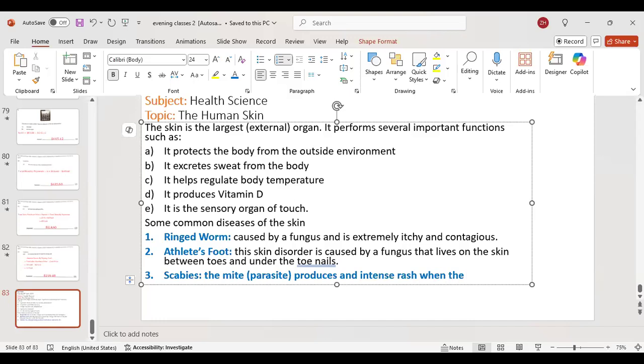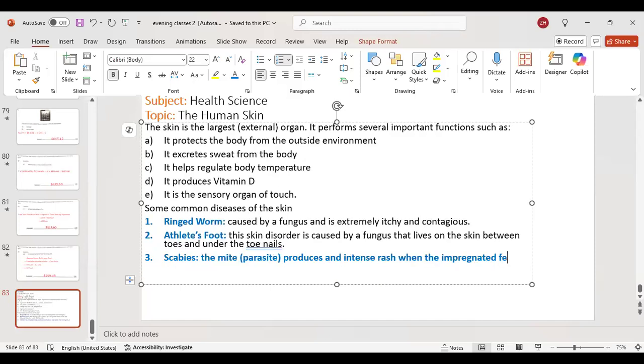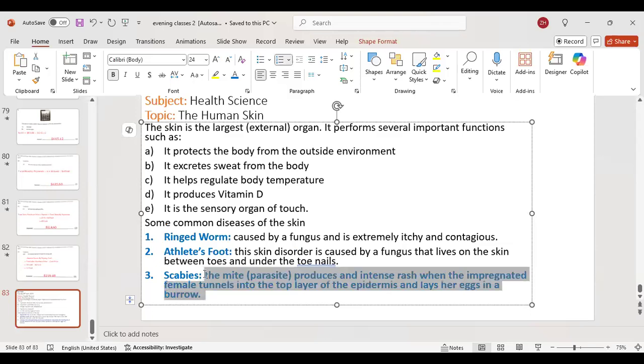The impregnated female tunnels into the top layer of the epidermis and lays her eggs in a burrow. Basically, you have these mites laying eggs in your skin. And it doesn't look good.